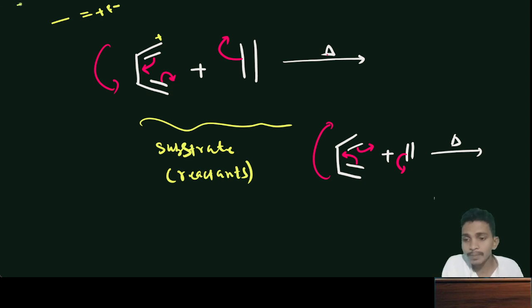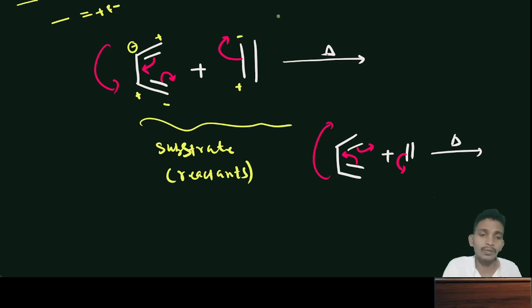So here I write positive because electrons are removed from here, and negative where electrons are coming. Similarly here electrons are going, so this is negative and this is positive, and similarly for the other one.